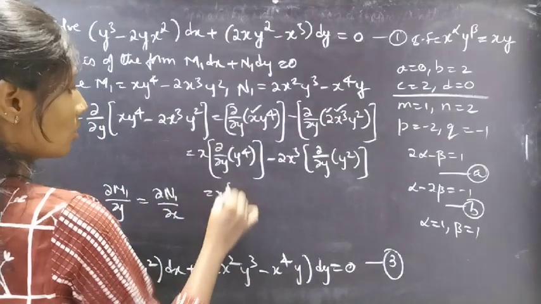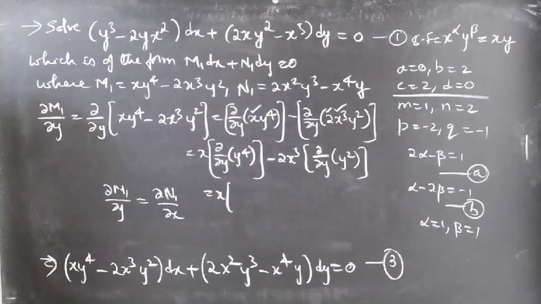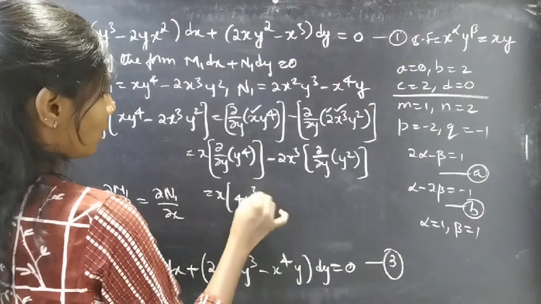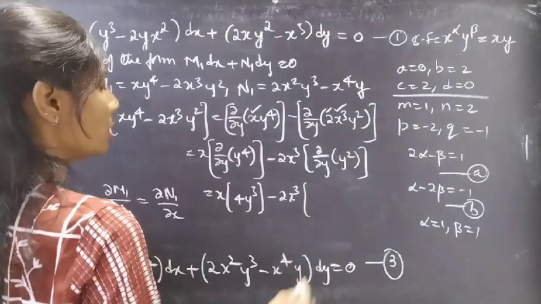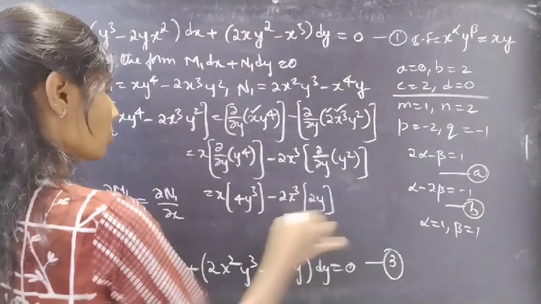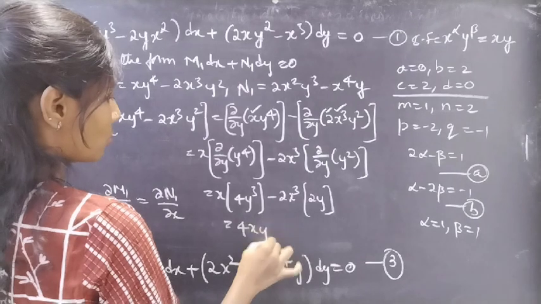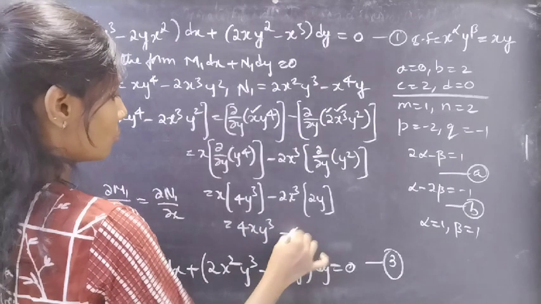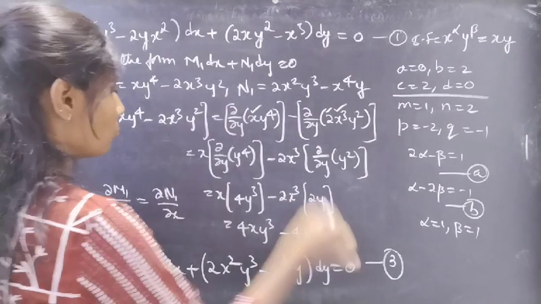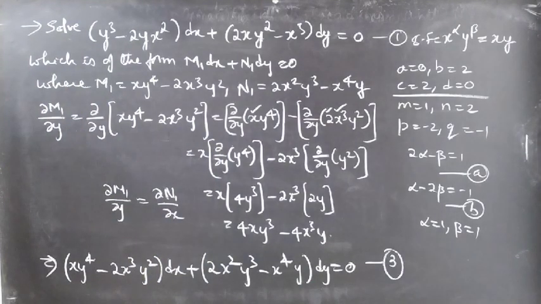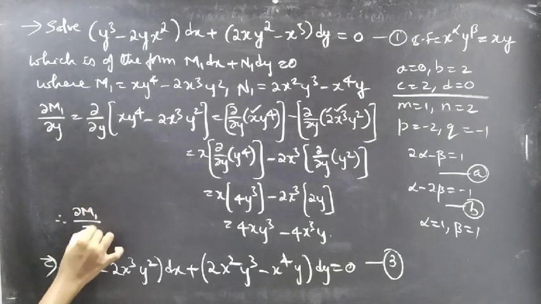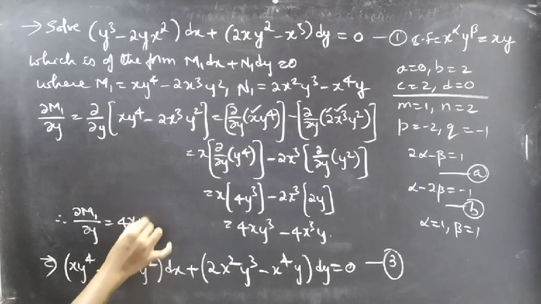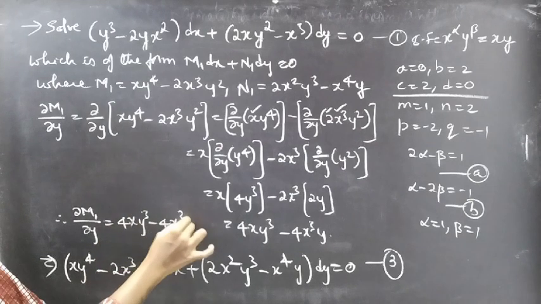This equals x into 4y cube minus 2x cube into 2y, which gives us 4xy cube minus 4x cube y. Therefore, partial derivative of M1 with respect to y is 4xy cube minus 4x cube y.